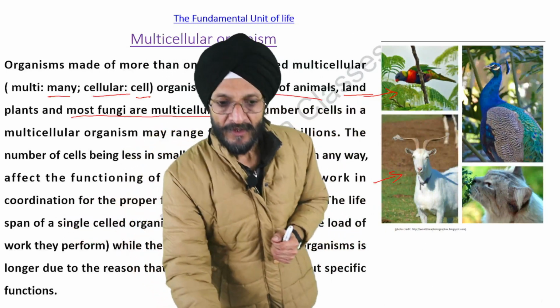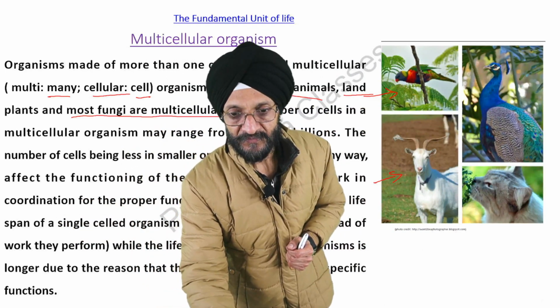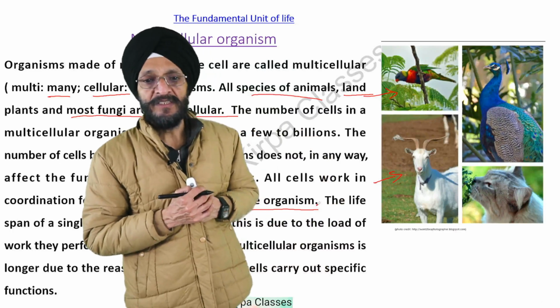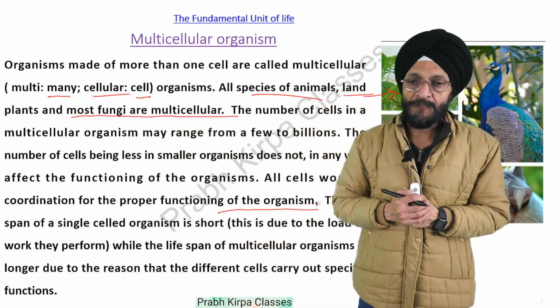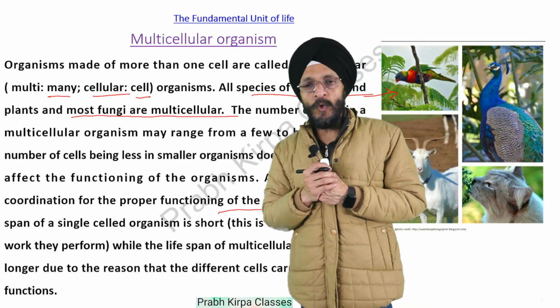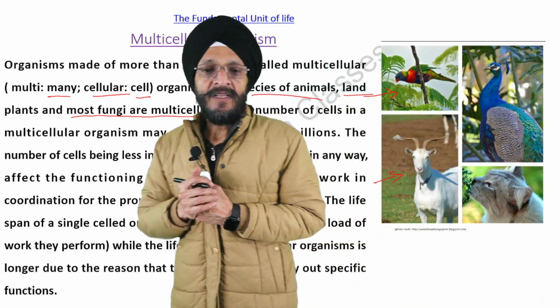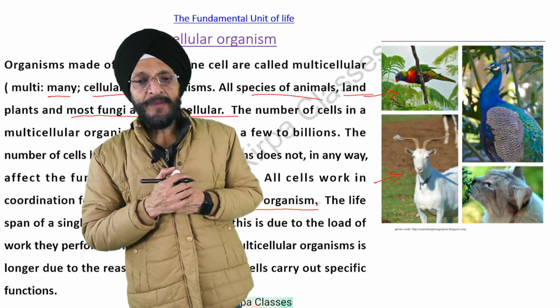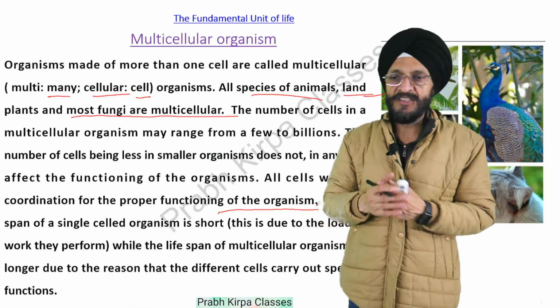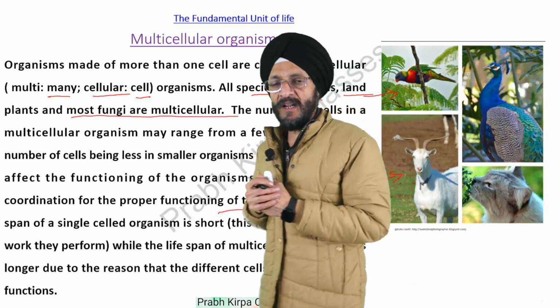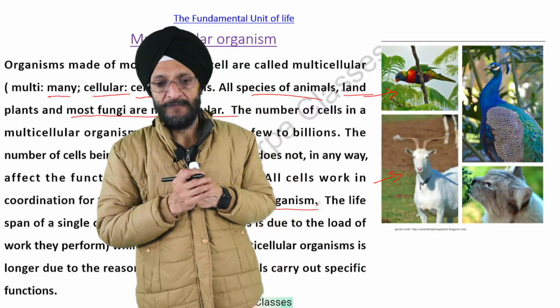It is to be noted that the lifespan of a unicellular organism is short because all the functions inside the body of the unicellular organism, that is excretion, digestion, etc., take place within this single cell.